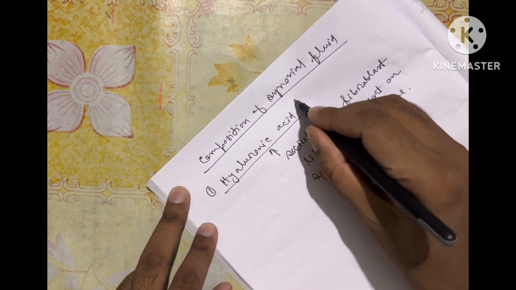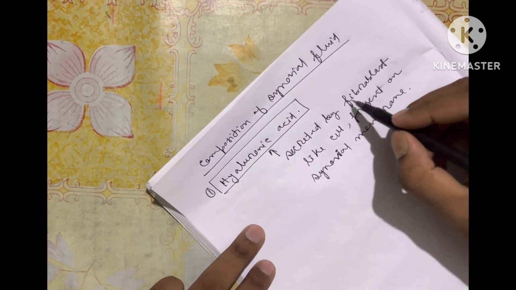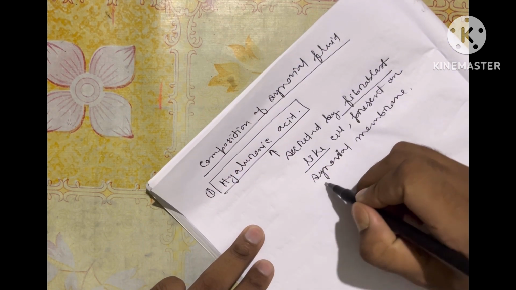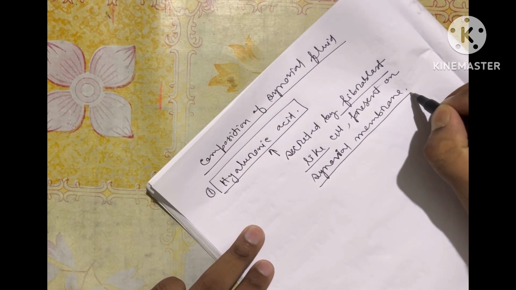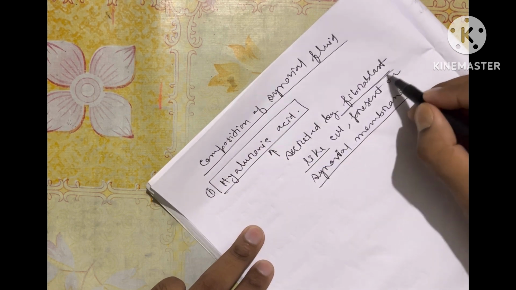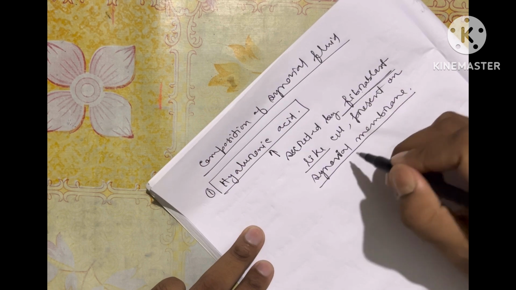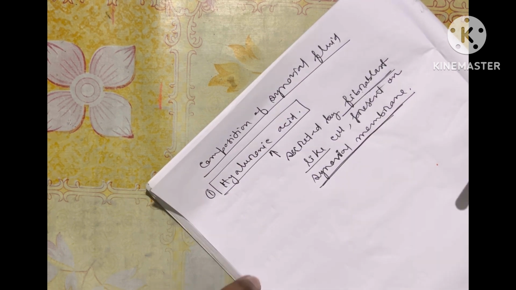What kind of cell? It is a fibroblast-like cell, and those are present at the synovial membrane.